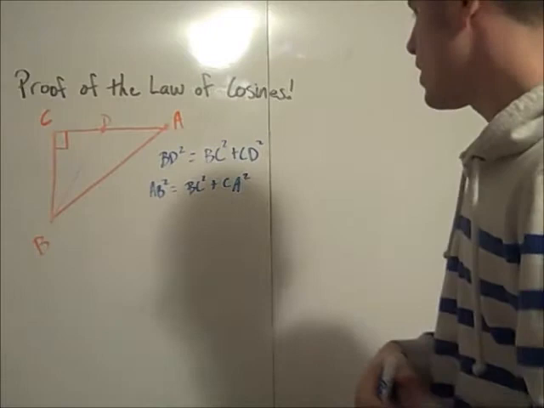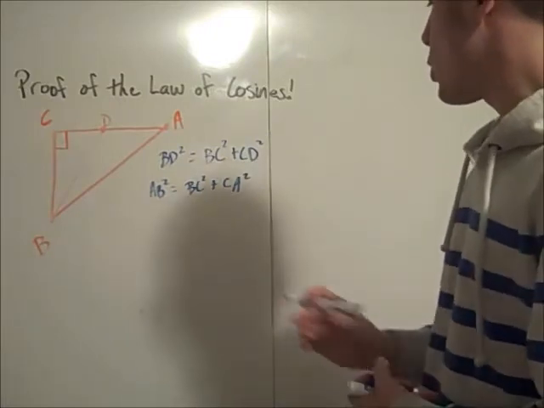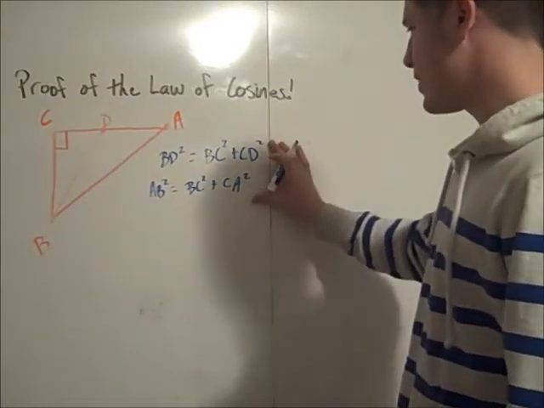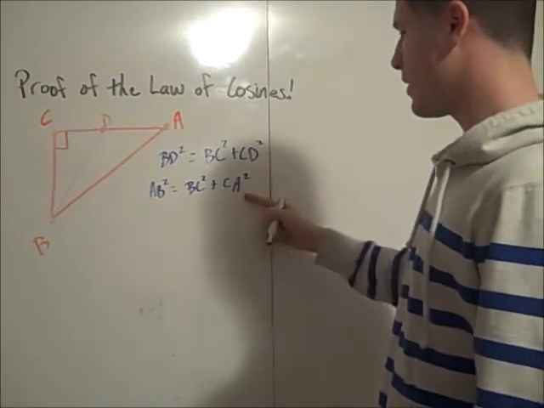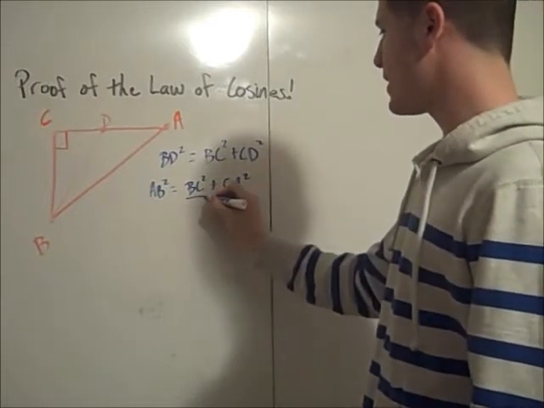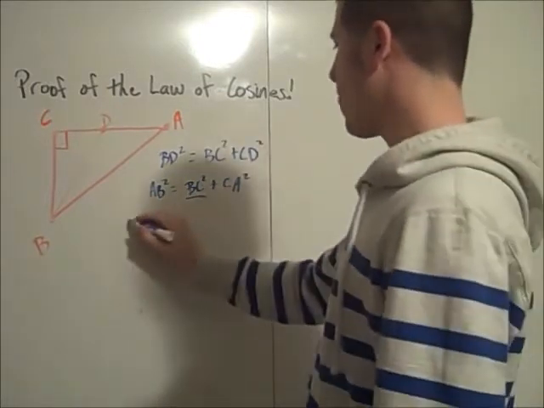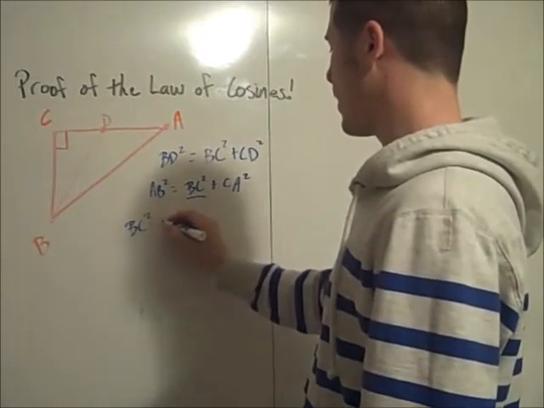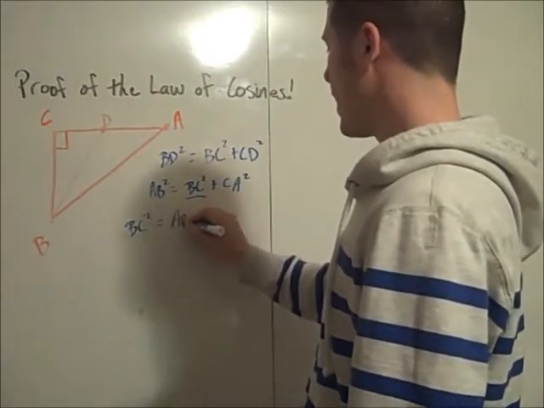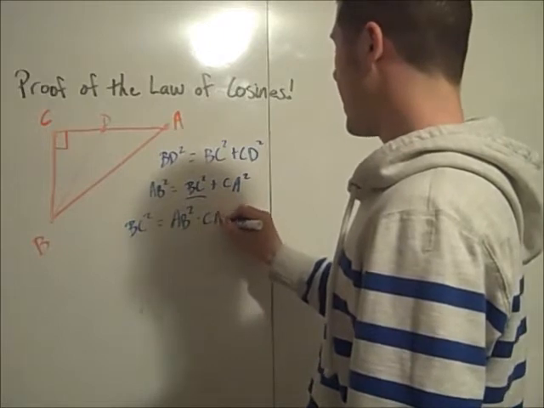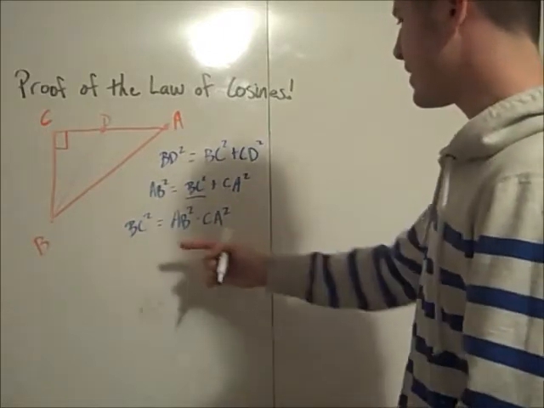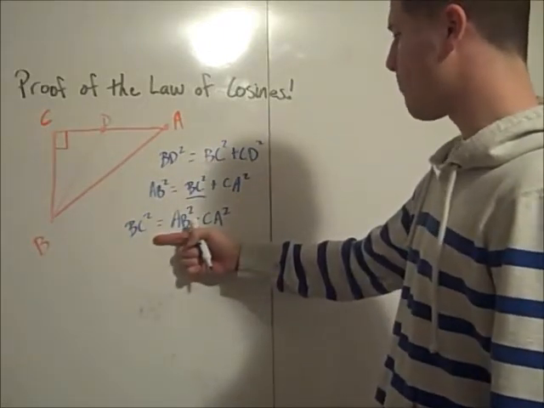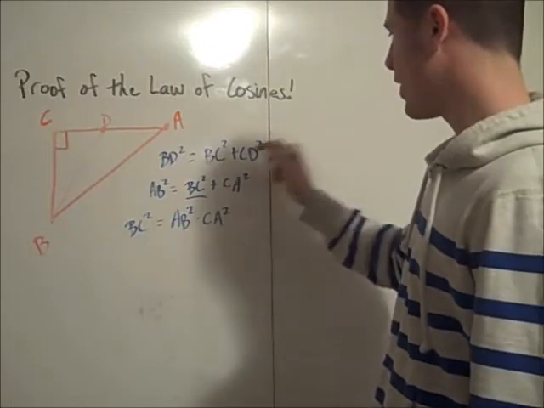Okay. Now, we can actually make a substitution here. We can take the second equation and solve it for BC squared. In particular, BC squared has to be equal to AB squared minus CA squared. And then I substitute this in for BC squared here.